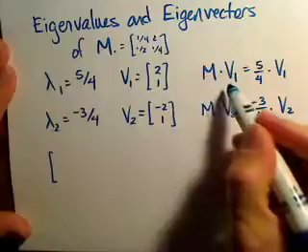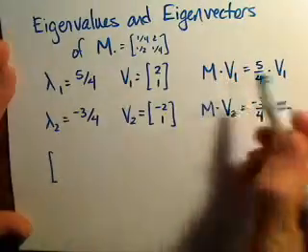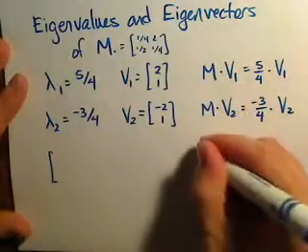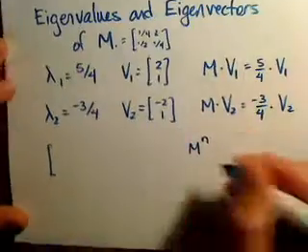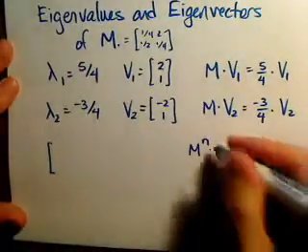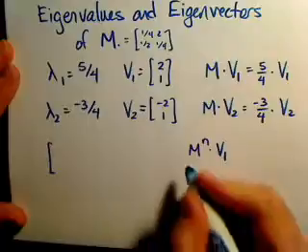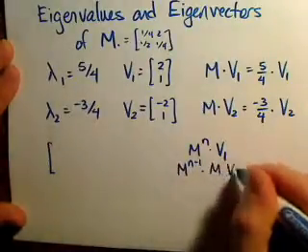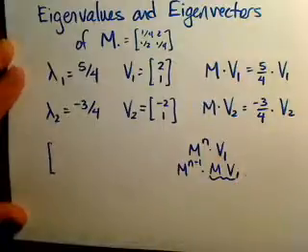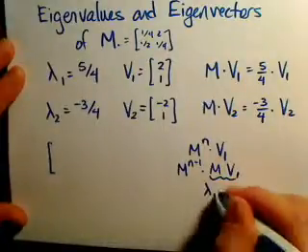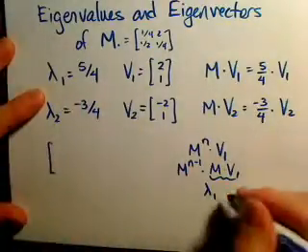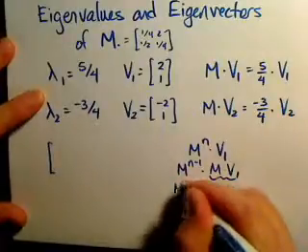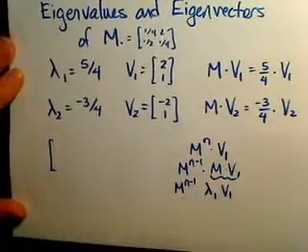Before I get into that, step back, because we're going to be looking at powers. Let's just cover that to be clear. If I had a whole string of M's being multiplied together times V1, then I would have M to the n minus 1 times M times V1. Those link up to be lambda 1, that's the 5/4, times V1 times all these extra M's.